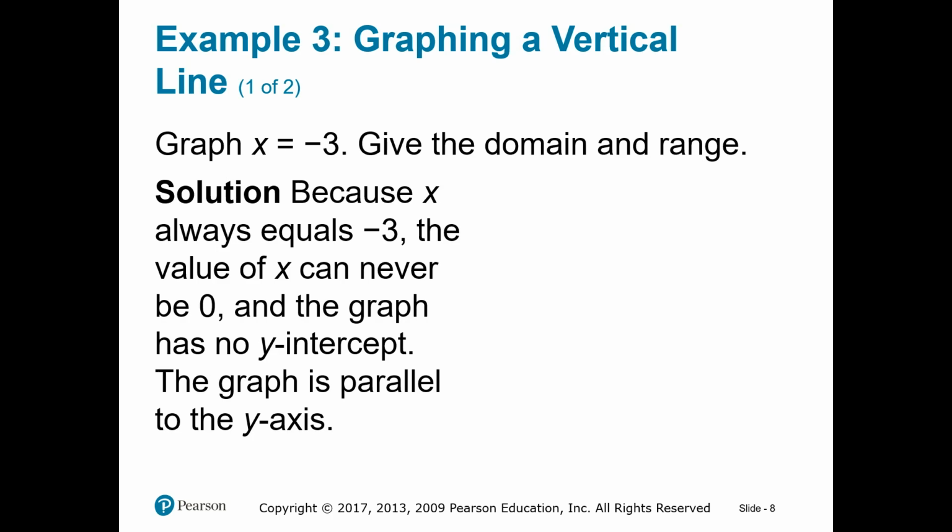Any y value. Yes. So the range is negative infinity to positive infinity. The domain is -3. If you want to draw the graph for that line, you have x equal to -3, right?